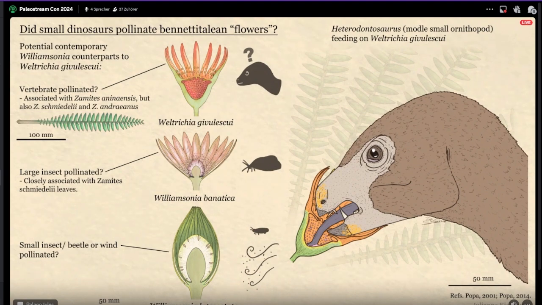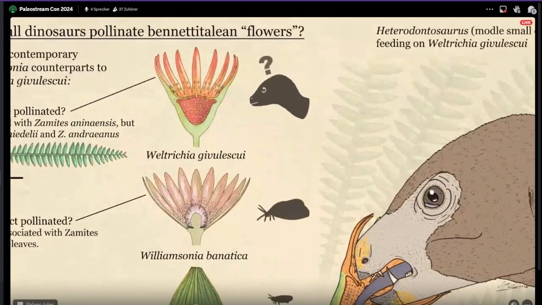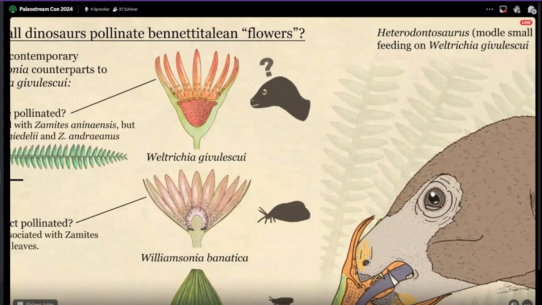We know that some Cycadioidea were beetle-pollinated, or at least facilitated. But there are a couple of male Welwitschias which seem basically suited to be pollinated by vertebrates.